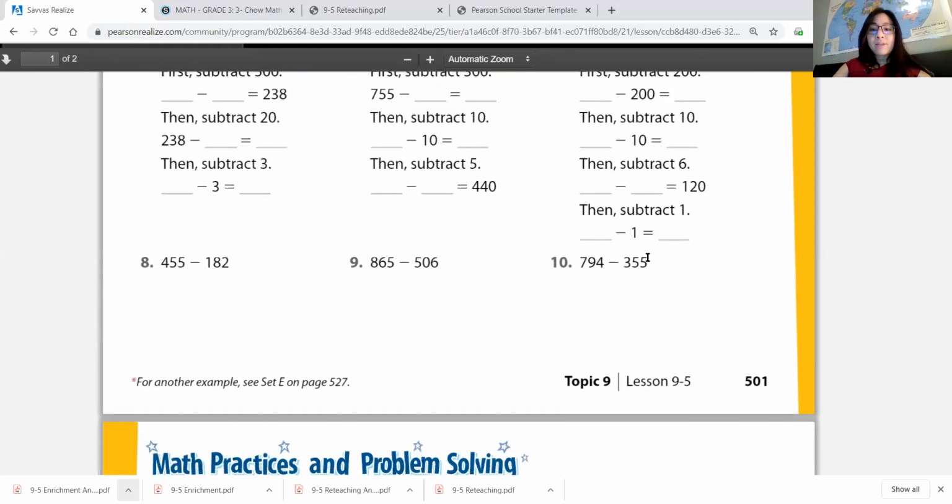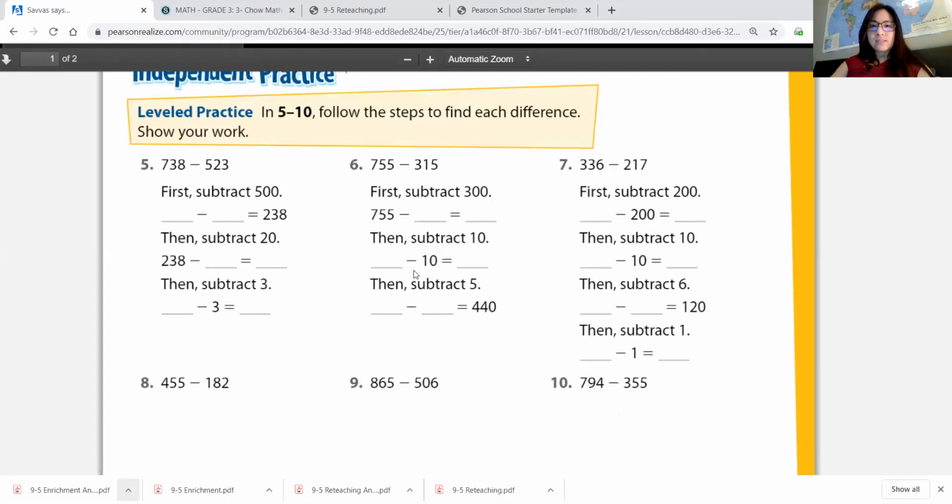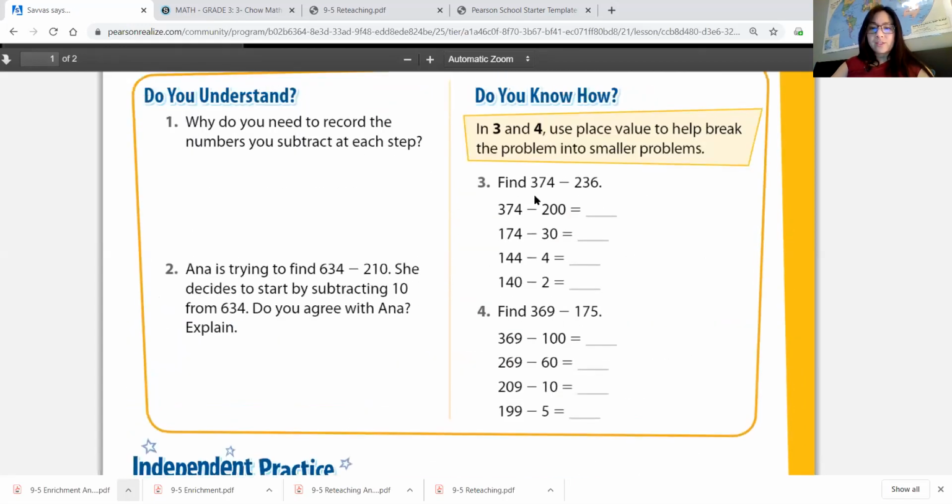And then at the bottom of the page, you're given less help to determine how you should be subtracting the smaller parts. So first, the original problem is 374 minus 236. So we're taking the greatest place value, the hundreds, there's 2 of them, and you're first subtracting 200 from 374.